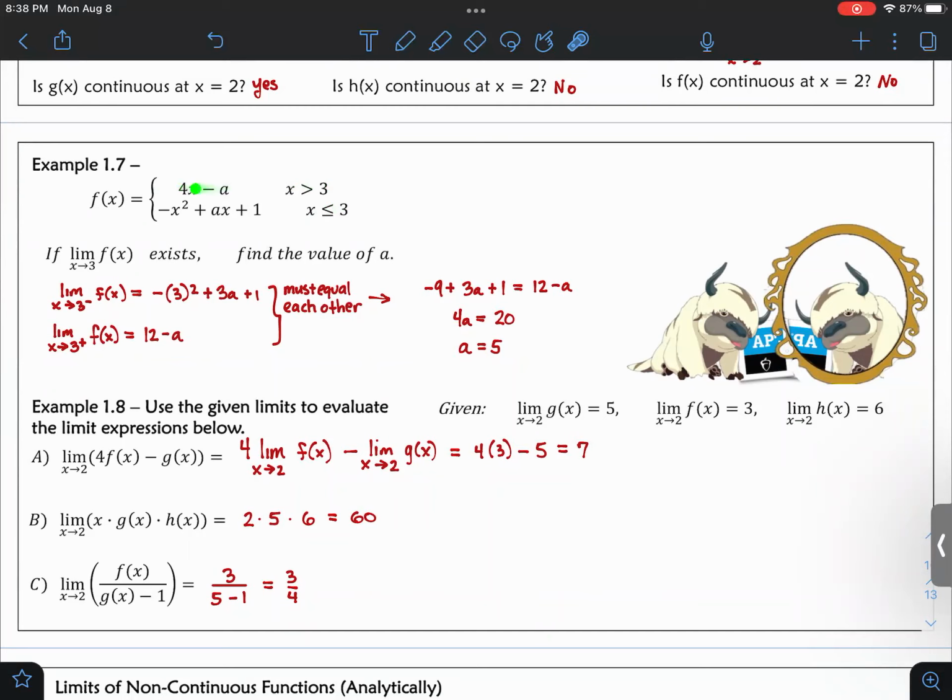So if I plug a 3 into each of these pieces, I get 12 minus a, I get -9 plus 3a plus 1. I don't know what a is yet, but I know that those 2 expressions have to equal each other. So we'll set them equal to each other. And in that way, you can figure out what this a value would have had to be to make this thing work out as described here.